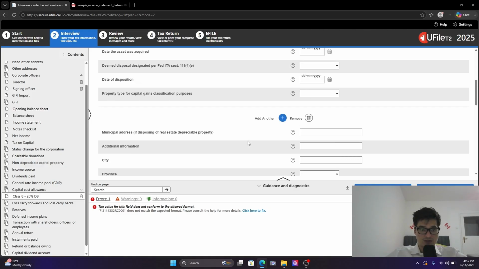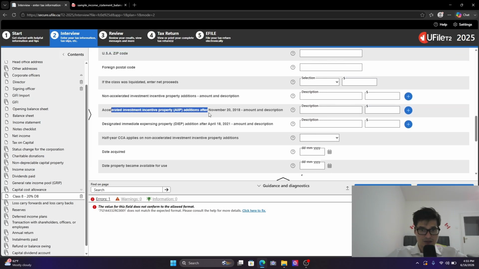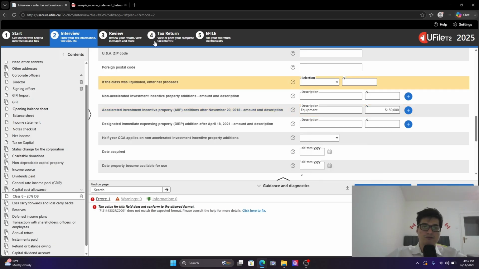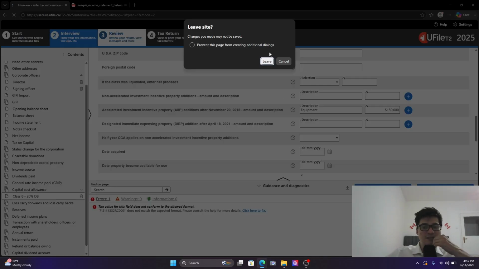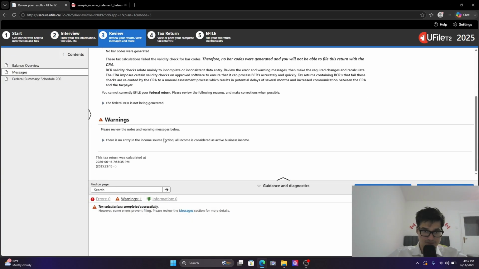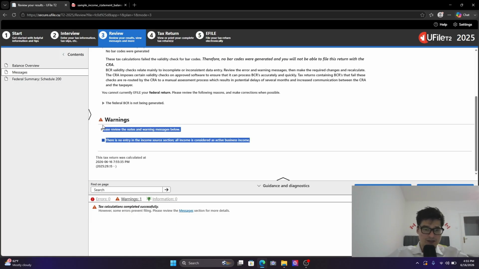And then when you go down to your AII, here is your accelerated investment after 2018 for this equipment. Very good, 150,000. Now we'll have CCA taken. And when you go there, it will likely disappear now. And you see there's no more of that CCA.